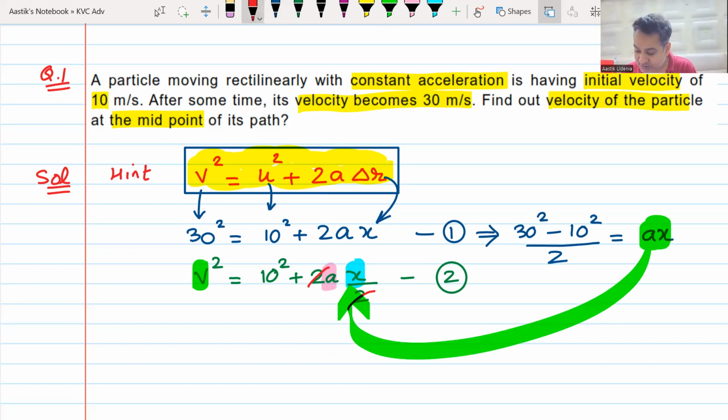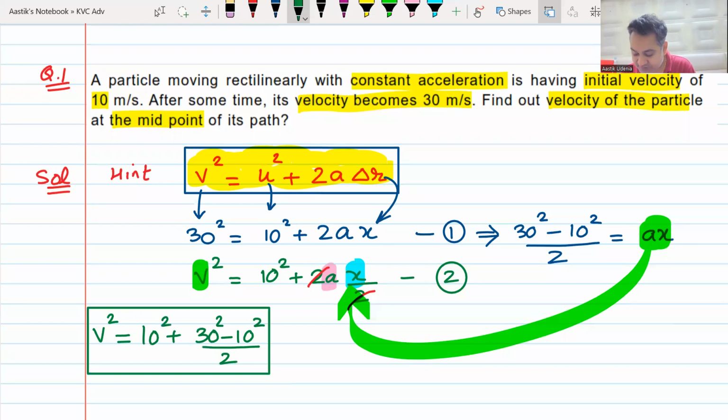So my equation will look like this, the green equation: V square will be equal to 10 square plus 30 square minus 10 square by 2. Solving this equation, which is not very tough, you should be able to get the value of V square. Yes or no? Do we understand this?